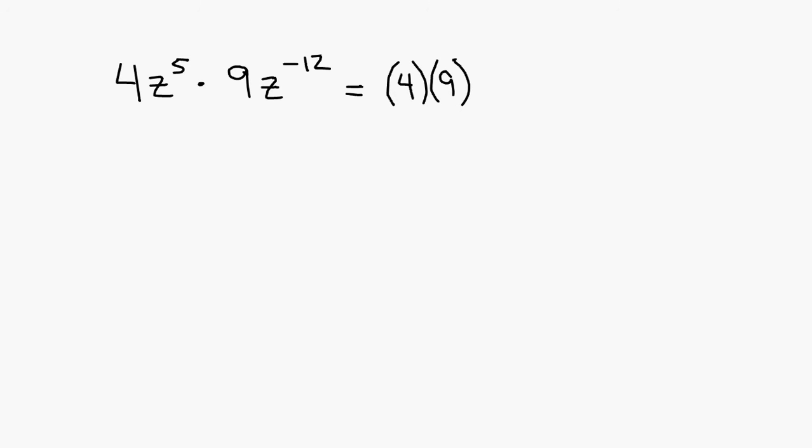And then you've got your z to the 5th times z to the negative 12th. So your 4 times 9 is 36, and your z becomes raised to the 5 plus negative 12 power. And 5 plus negative 12 is negative 7.